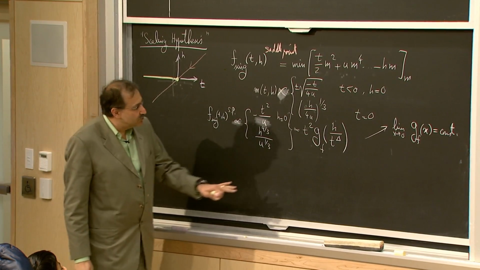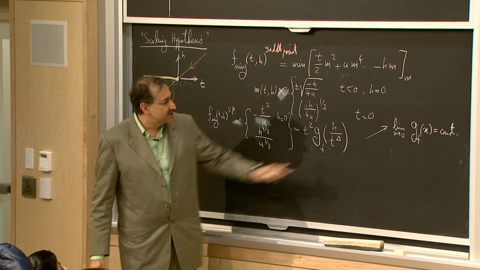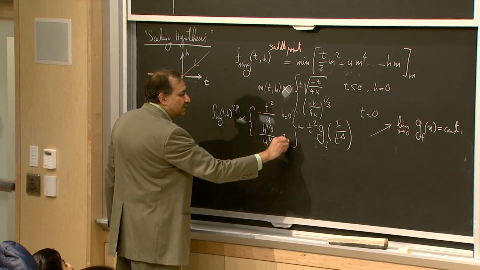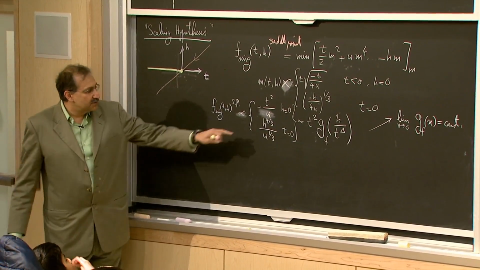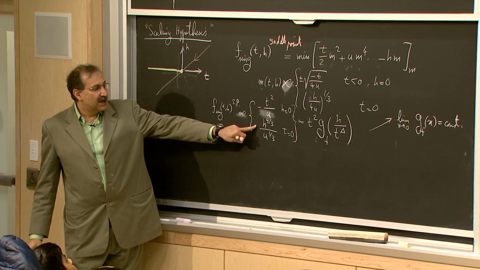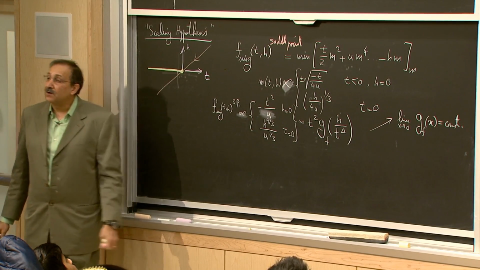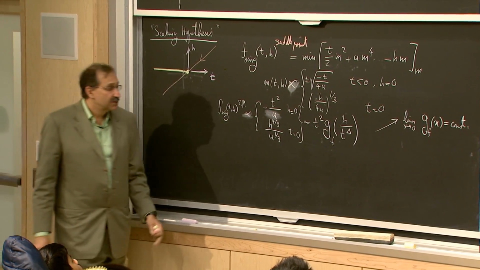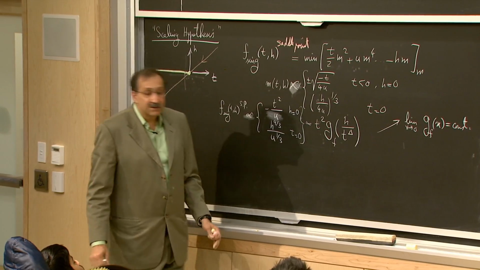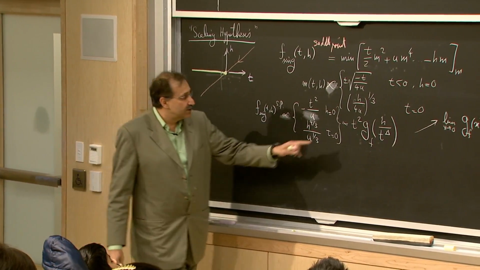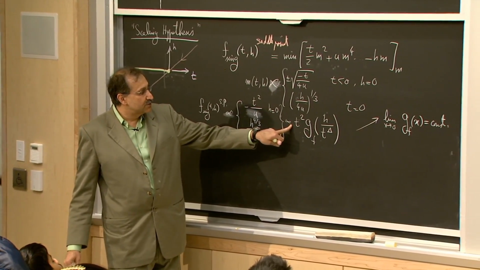How can I reproduce from a form such as this the behavior when t equals 0? Because I see that when t equals 0, the answer, of course, cannot depend on t itself, but has a power law as a function of h. Is it consistent with this form? Well, as t goes to 0 in this form, the numerator here goes to 0.